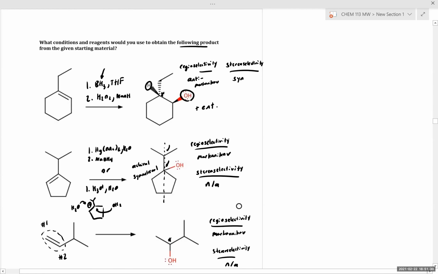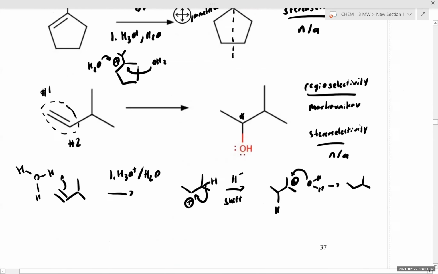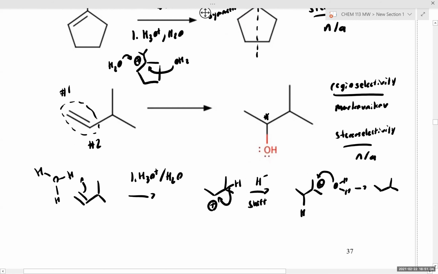So what conditions have we discussed previously that install an alcohol with Markovnikov selectivity without rearrangements? What conditions would we use for this particular substrate? What conditions should we use then?